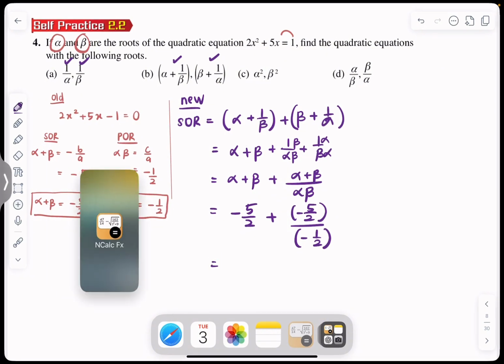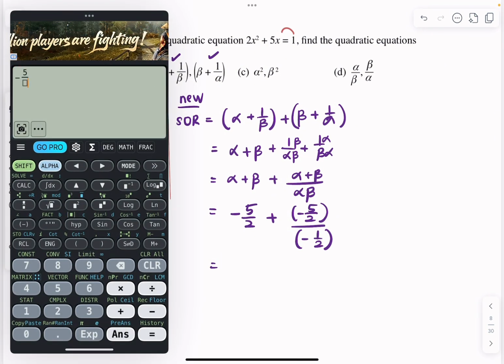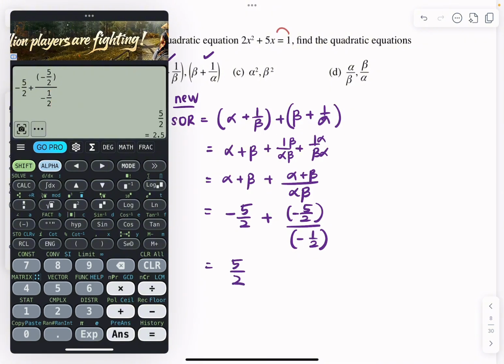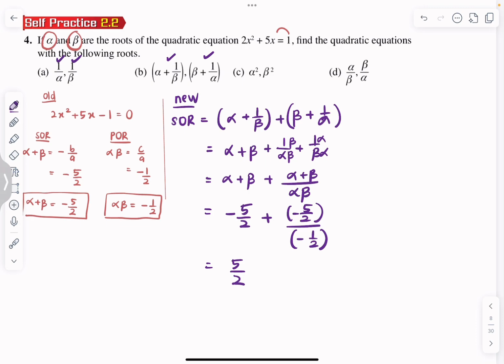Just type this in our calculator: negative 5 over 2, plus negative 5 over 2 over negative 1 over 2. We get 5 over 2. This is our sum of roots.